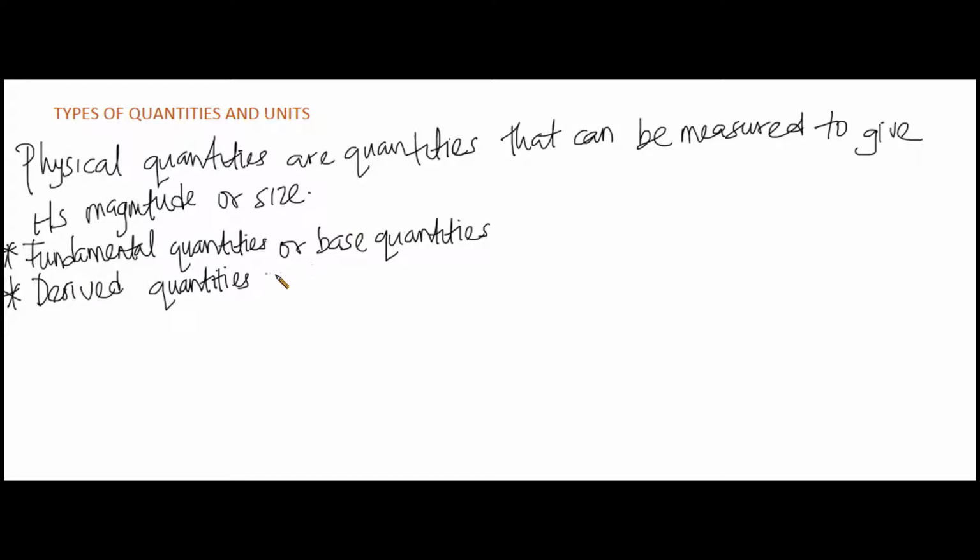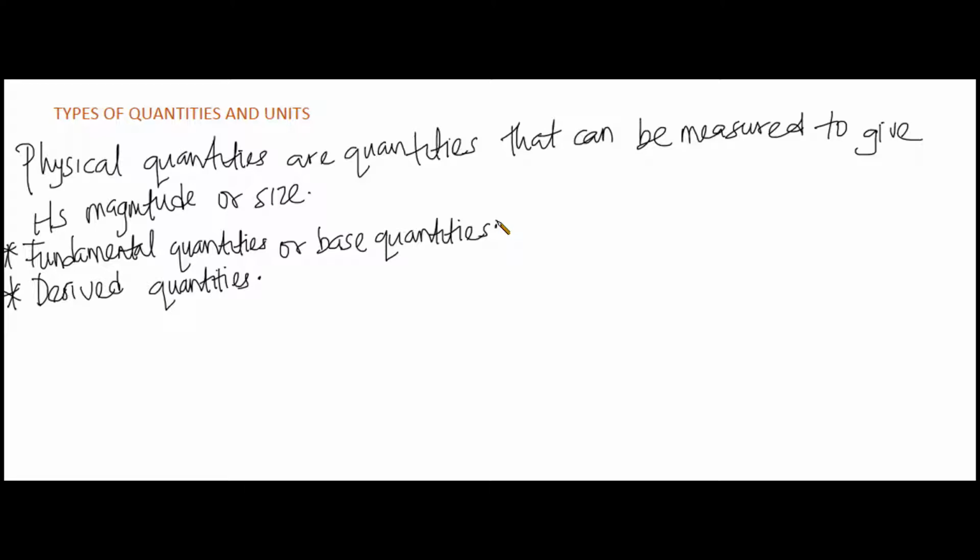These are the two major types of quantities that we have in physics, which we use to name the quantities that we measure, because when we measure them it gives us a particular magnitude.